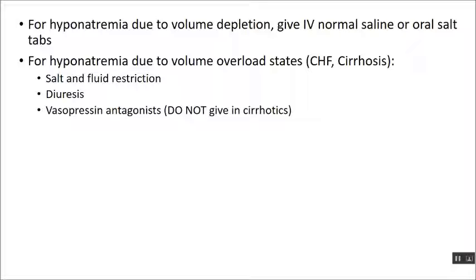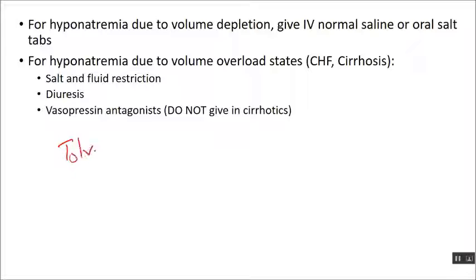Okay, so vasopressin antagonists. So what are those? So vasopressin antagonists, they are substances which block the receptors in the kidneys, the ADH receptors in the kidneys. So in the US we have two types of vasopressin antagonists available.